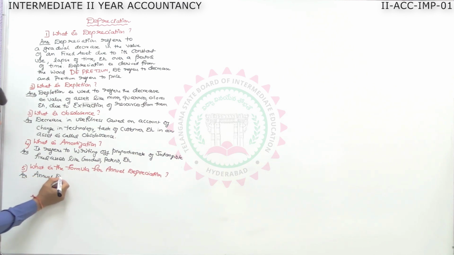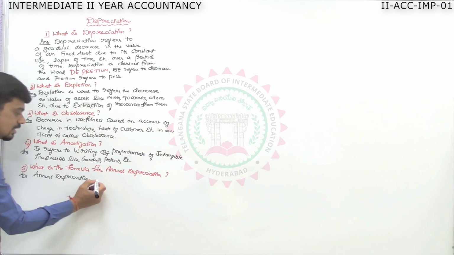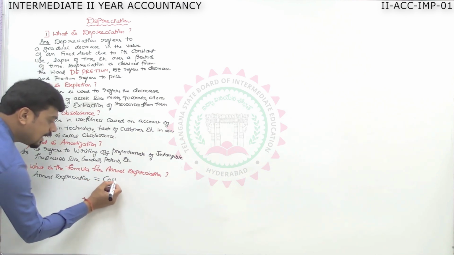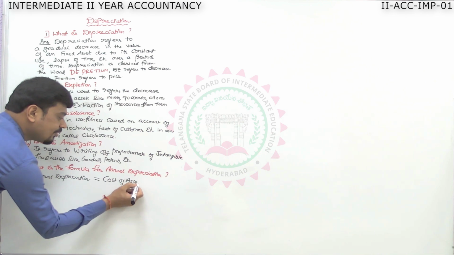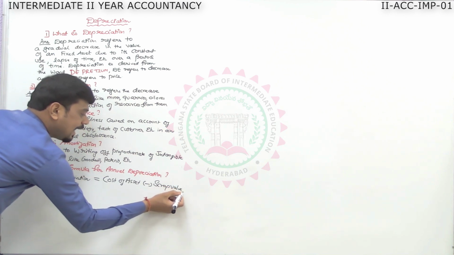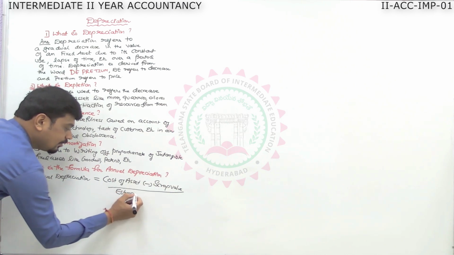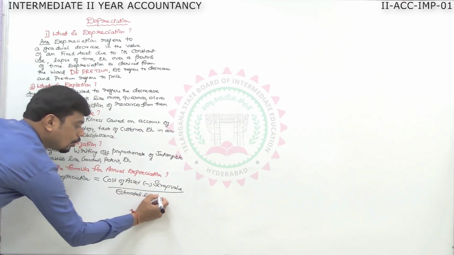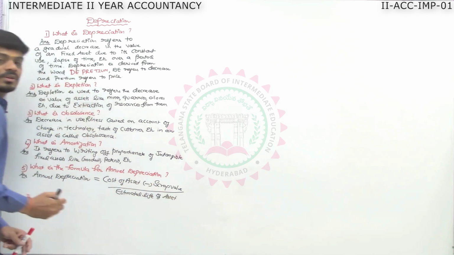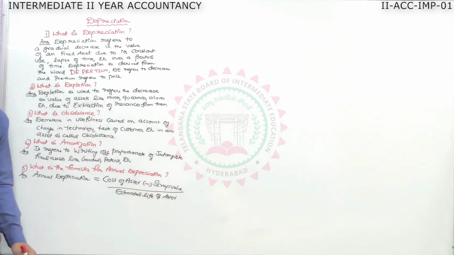Annual depreciation is equal to cost of asset minus scrap value divided by estimated life of asset. That's it. Or you can write cost of asset minus residual value also, dear students. Scrap value and residual value are one and the same.